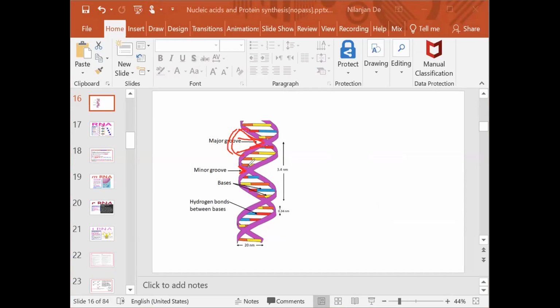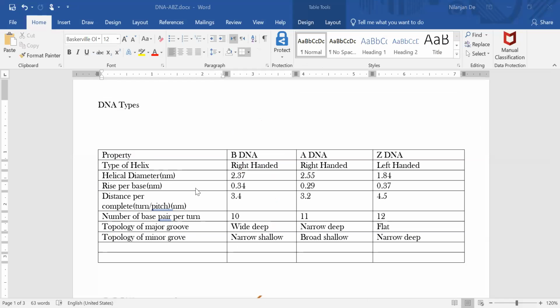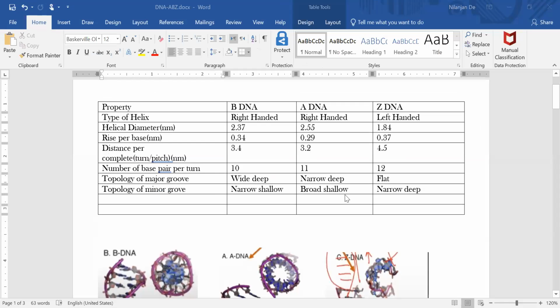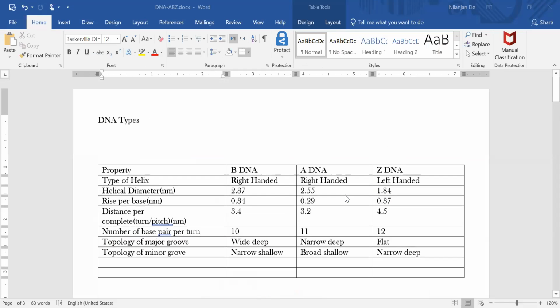That is what the term topology is trying to explain. Then comes the minor groove, major groove. In this, it is narrow, deep, broad. It is flat. We don't see much of a folding pattern or much of a grooveness in that. Now coming to this, I hope you guys have taken a screenshot of this.